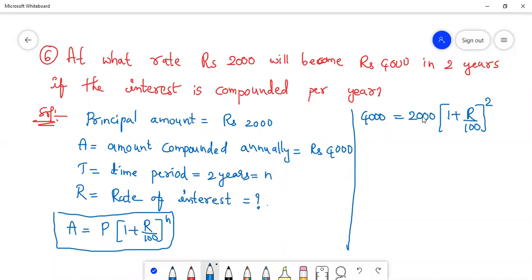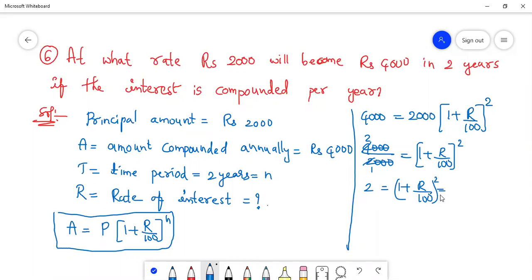Next, taking this 2000, cross multiply: 4000 by 2000 is equal to 1 plus R by 100 whole square. These three zeros cancel, 2 ones are 2, so 2 is equal to 1 plus R by 100 whole square.